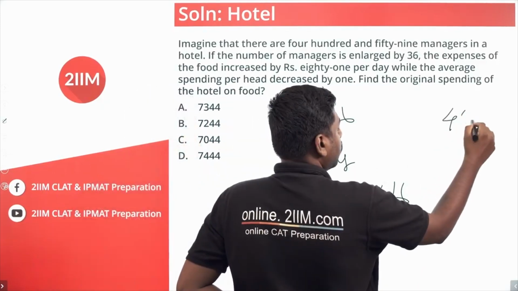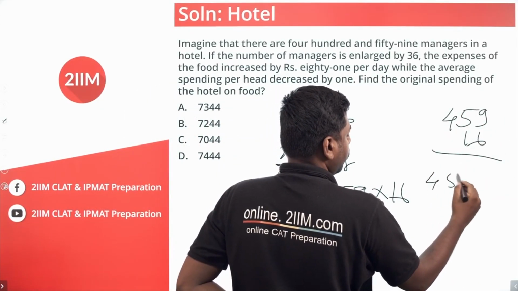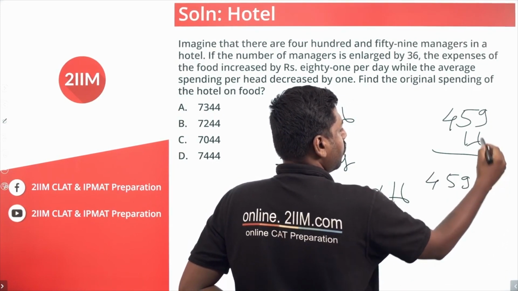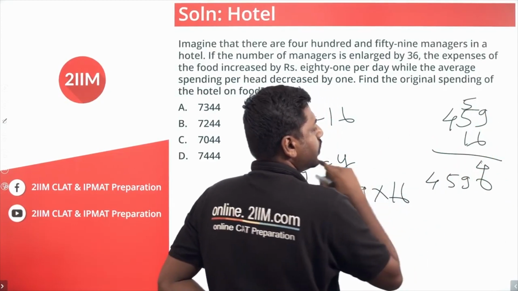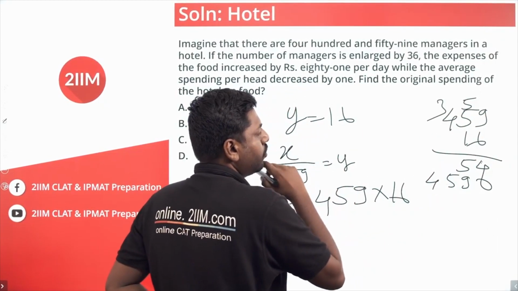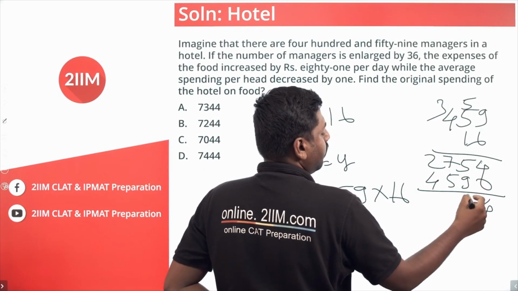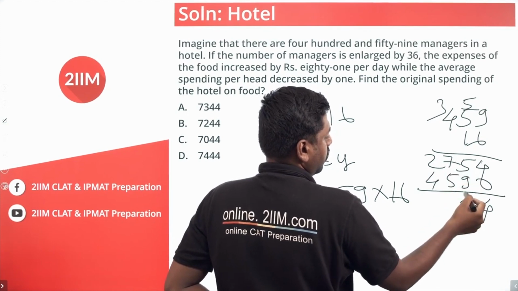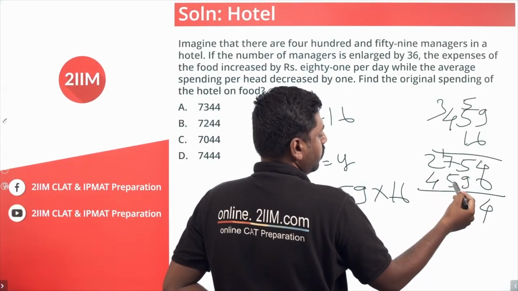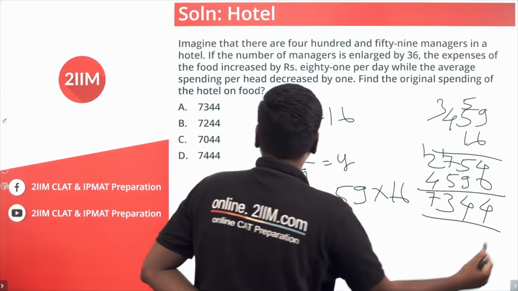So 459 into 16. 6 9s are 54, 6 5s are 30, 35, 6 4s are 24, 28, 27. Adding up, we get 7344.